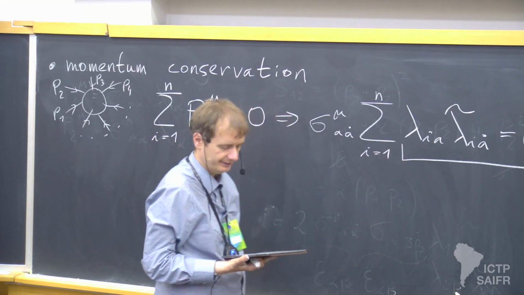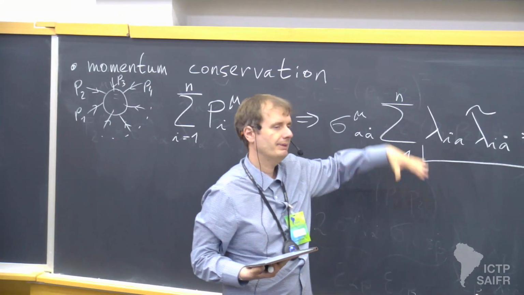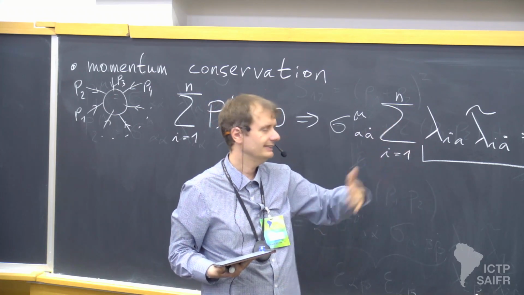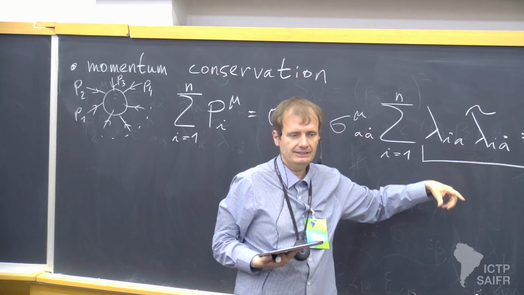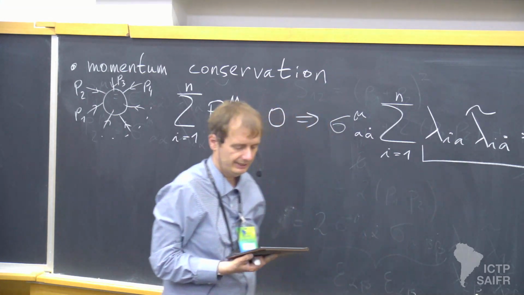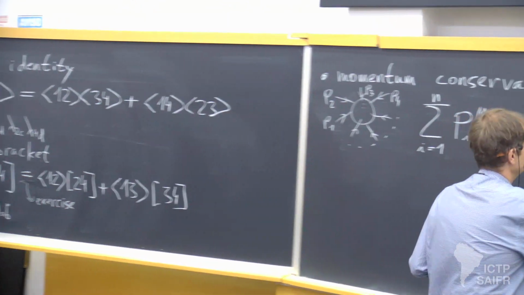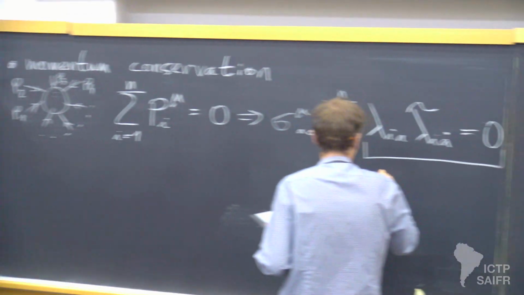It's quadratic in the parameters. We parameterize lambda and lambda tilde by some entries a_i, b_i, c_i, d_i. It's bilinear in each, but quadratic in total. Okay, so I just wanted to stress this is a non-trivial condition here.